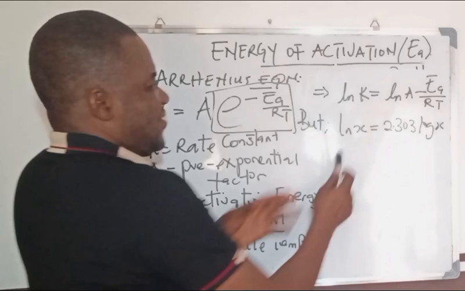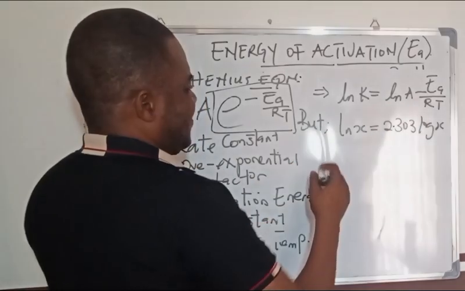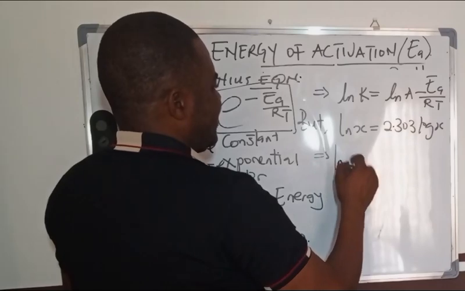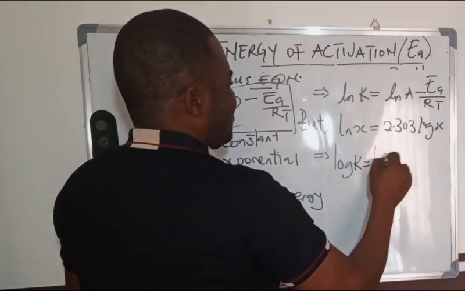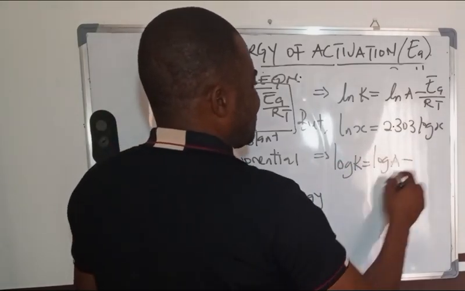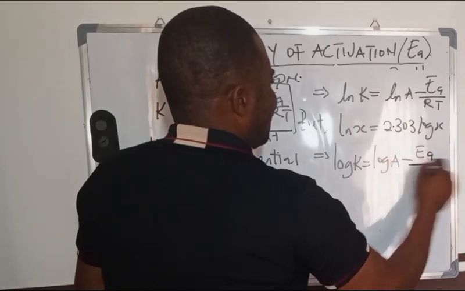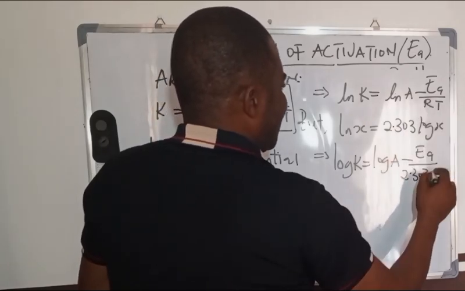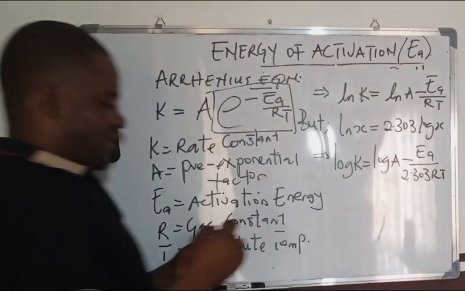So we can write this equation as log of k equals log of A minus Ea all over 2.303 RT. That's what it means.